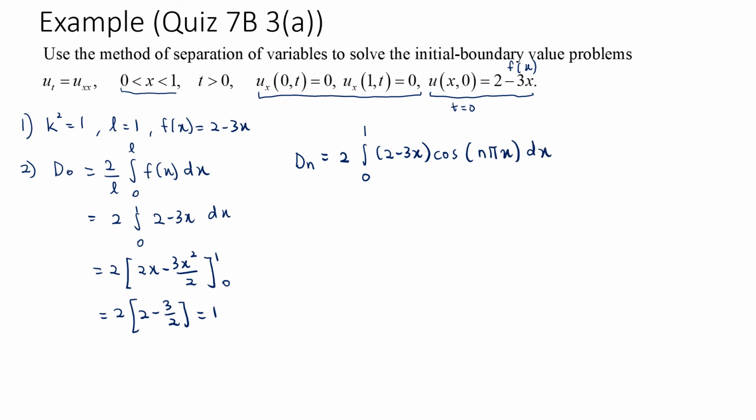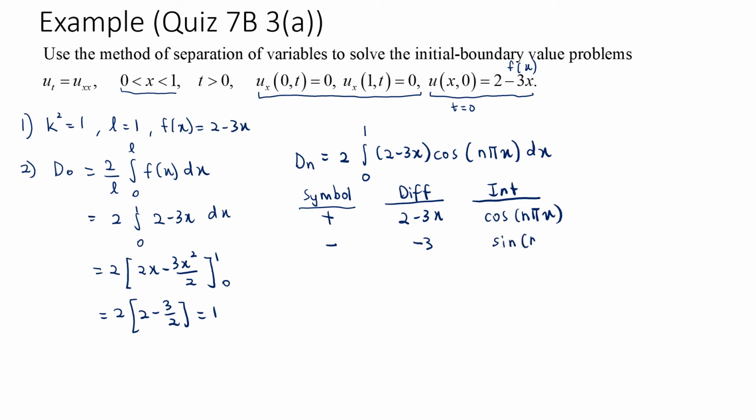So solving using the tabular method, then we take the second differentiation, where here this will get -3, and integrating cos with respect to x, we get sine n pi x over n pi.